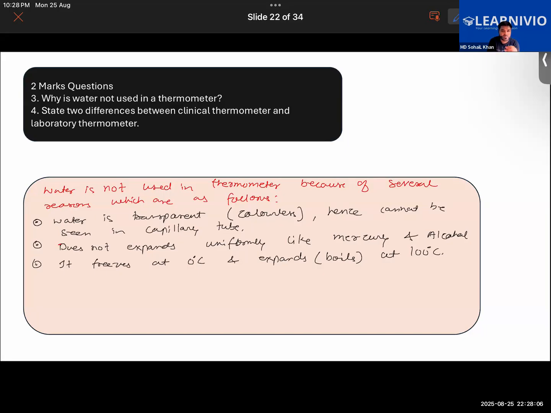One more difference is that modern clinical thermometers are digital, while laboratory thermometers. No, that's not the difference. You should have mentioned the temperature range. Halima, now you also answer.